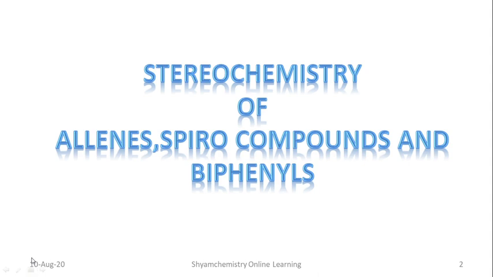In the previous video, we discussed absolute configuration, that is RS configuration. In this video, we are going to assign the same RS nomenclature to the allenes, spirocompounds, and biphenyls.